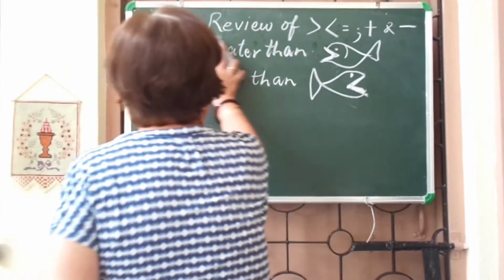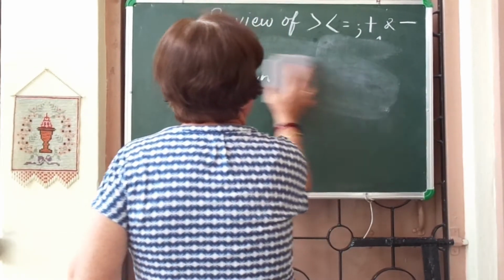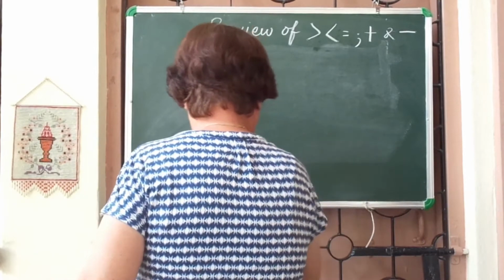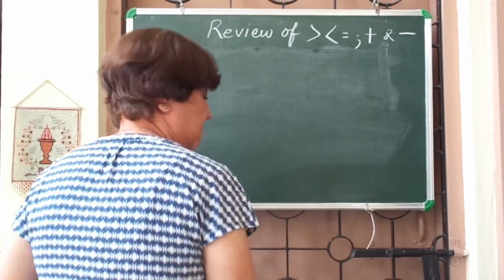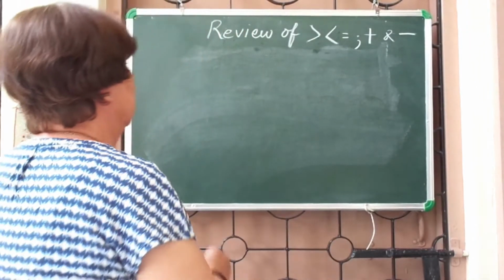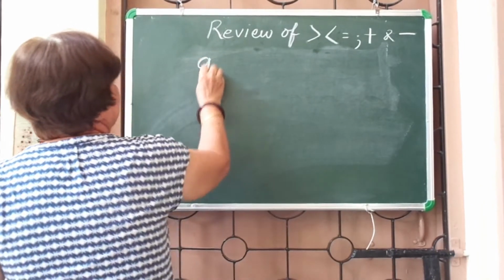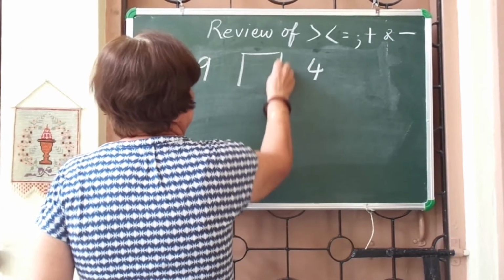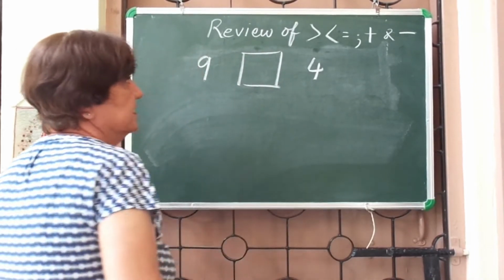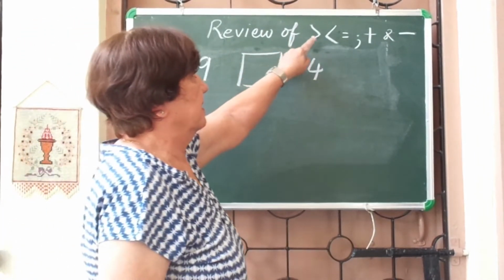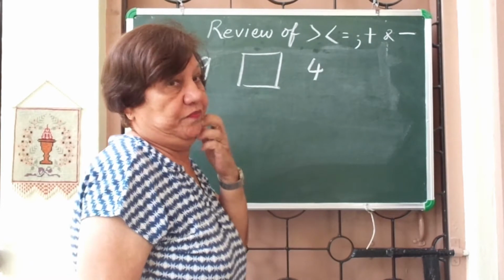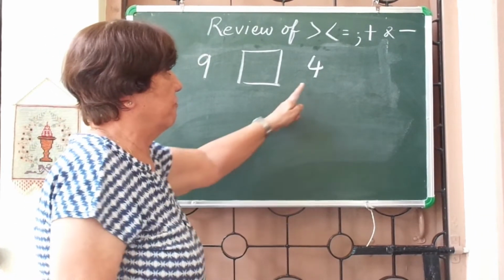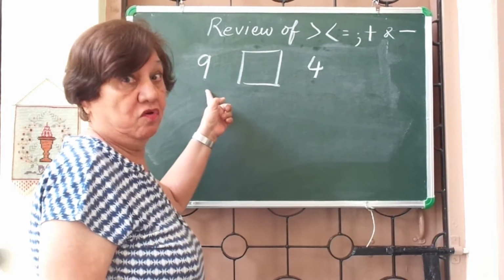Let's see. Supposing I had number 9 and number 4. And I have to put the sign greater than, less than or equal to. When we are counting, we find that 4 comes before 9, so 4 is smaller.